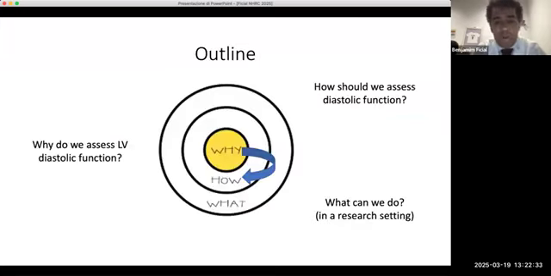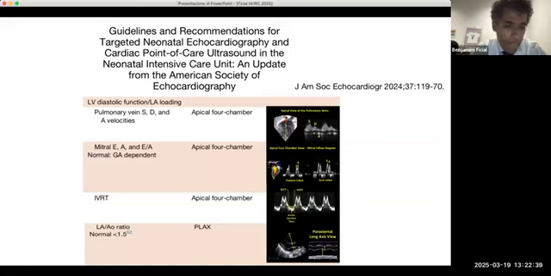And let's move to how. So how should we do it? It is beyond the scope of this talk to review all the echo measurements of the diastolic function. And there are excellent guidelines and recommendations available on this topic. I think that one of the best for neonatologists is the one published last year on TNE.